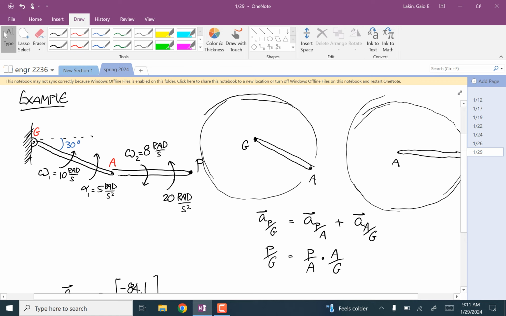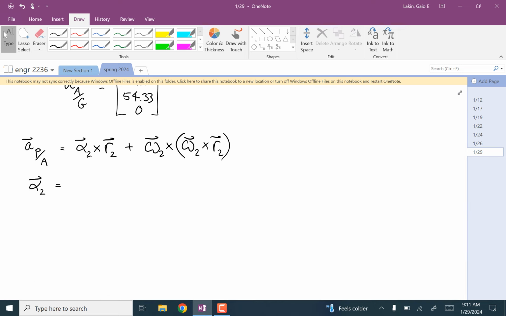Okay, so alpha 2, you know, this is in the xy plane, the z-axis is coming out. Alpha 2, according to the right-hand rule, is in the positive z direction with a magnitude of 20. So this is 0, 0, 20.